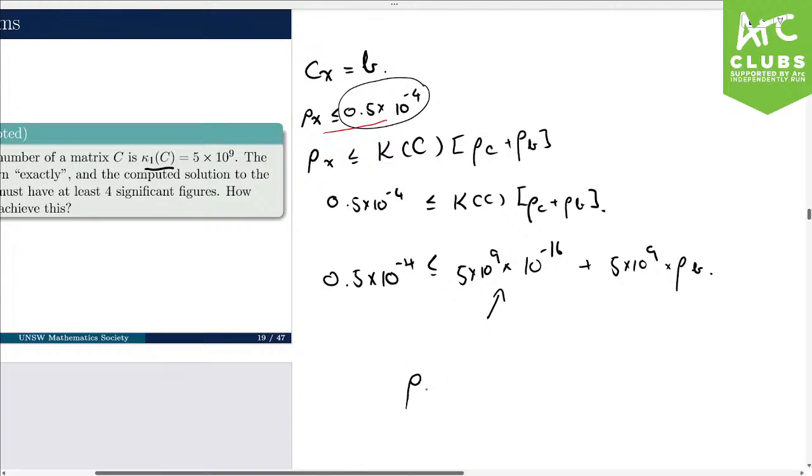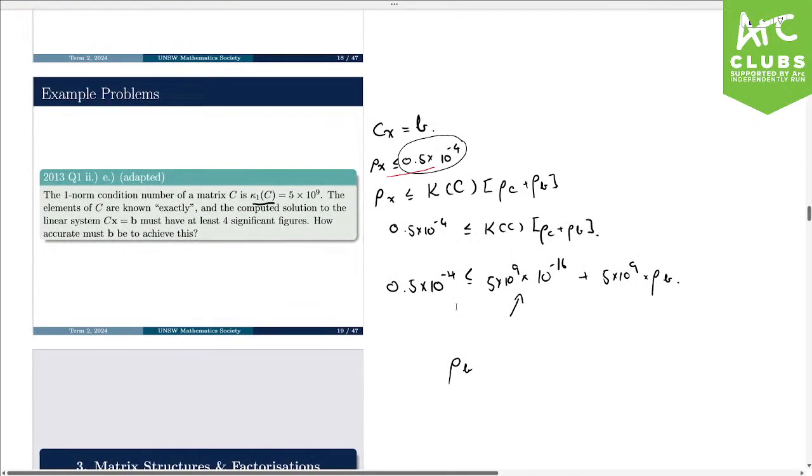Then we get rho of b should be, oh wait, I think I might have made a mistake in my calculations. No, I have the inequality the wrong way around.